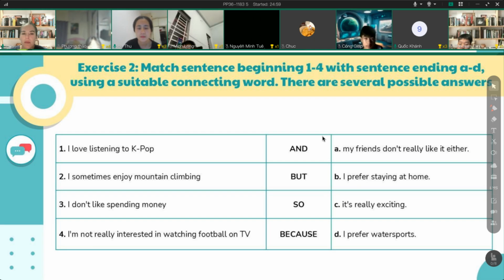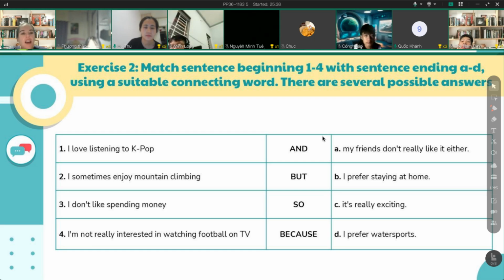I love listening to K-pop is a positive statement about an interest, and second, it's very exciting is another positive statement describing the interest. They flow naturally together using and. I love listening to K-pop and it's really exciting. Is that what you're saying?